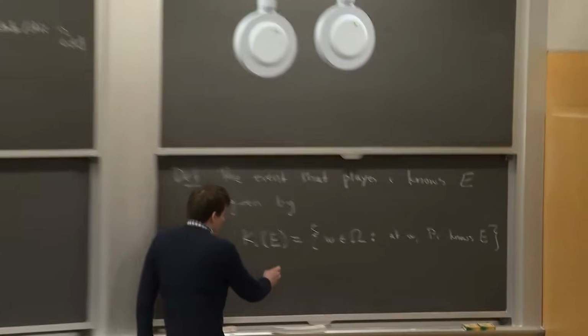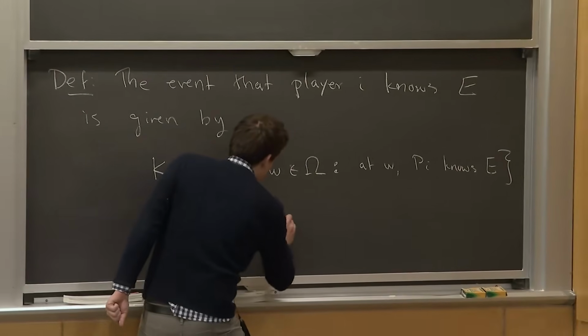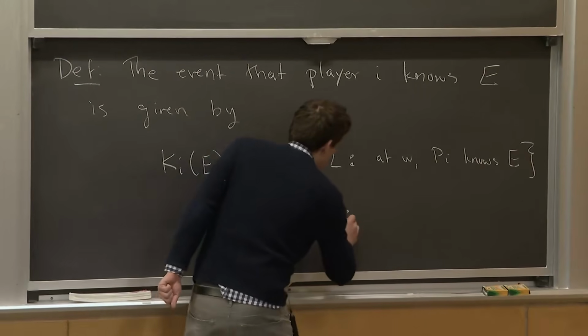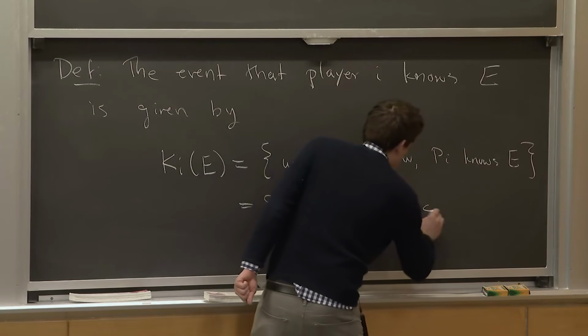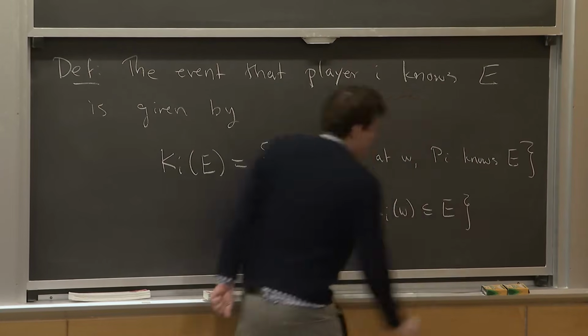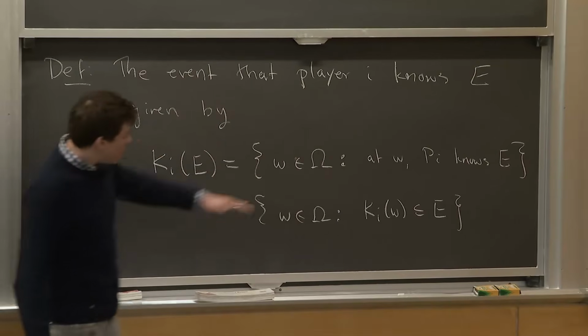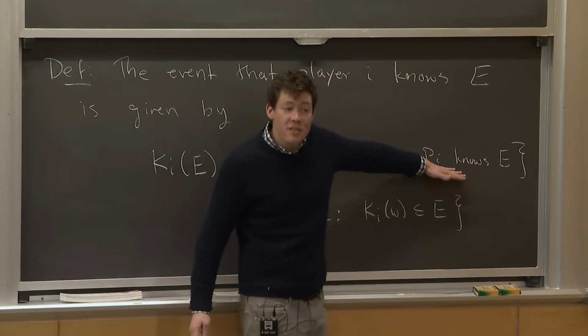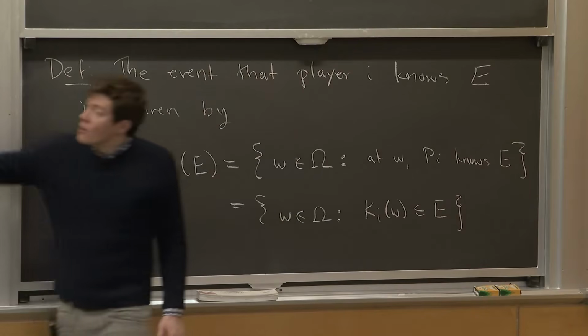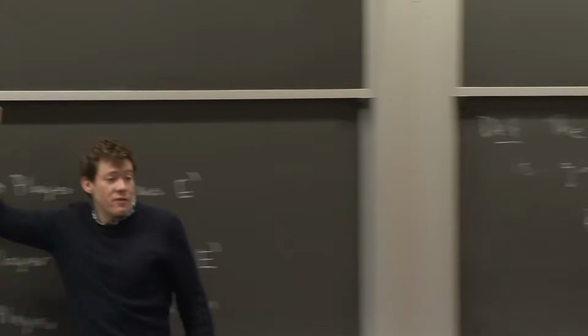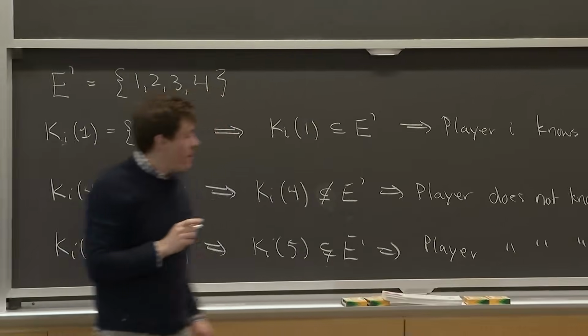This is the set of omega such that, and all I've done is replace this informal statement that player I knows E with a more precise statement of what that knowledge means according to this definition over here.